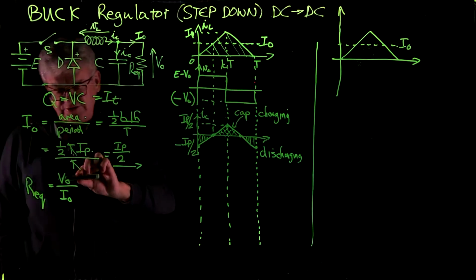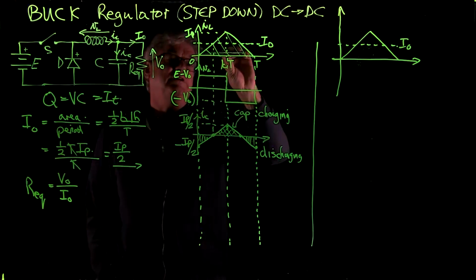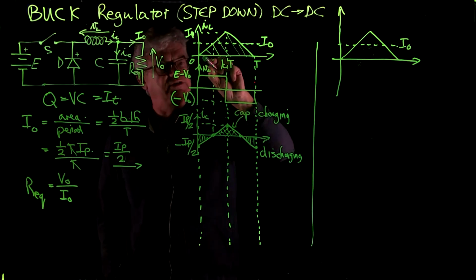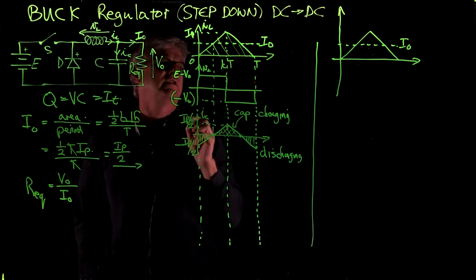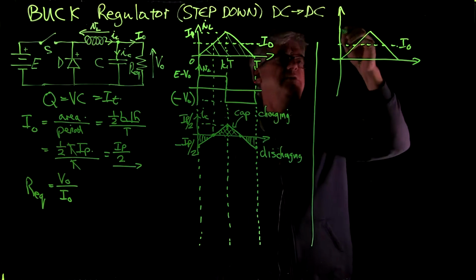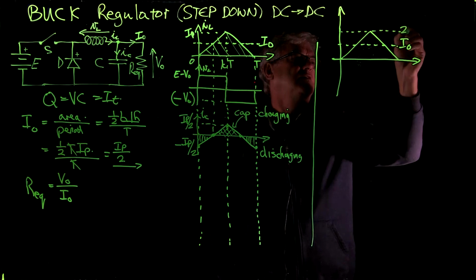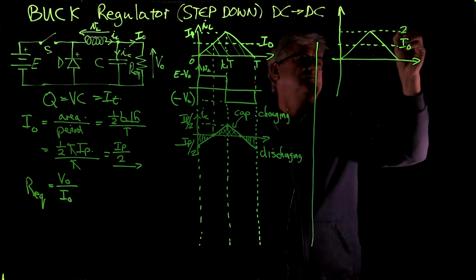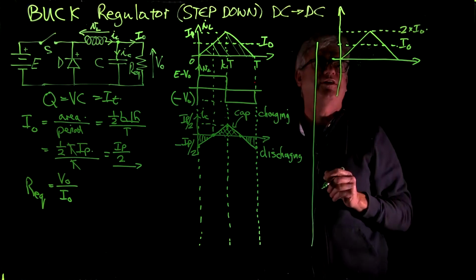The output voltage stays the same. So it means you cannot go and change the slope of this current here in order to accommodate double I out. So I'm now going to sketch 2 times that I out there.